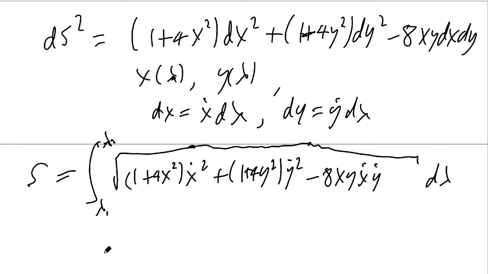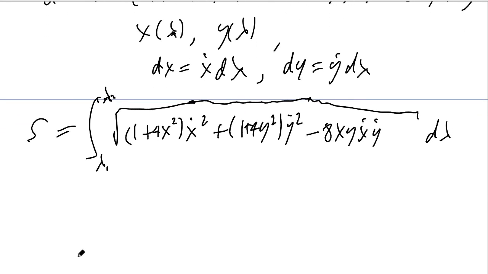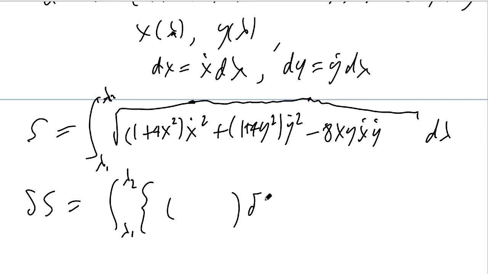All right, so to find the geodesics, we just need to extremize this expression, just like we extremize the action in classical mechanics. So we vary the action and write this as something times delta x plus something times delta y.